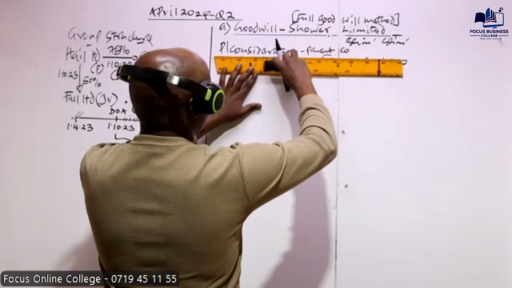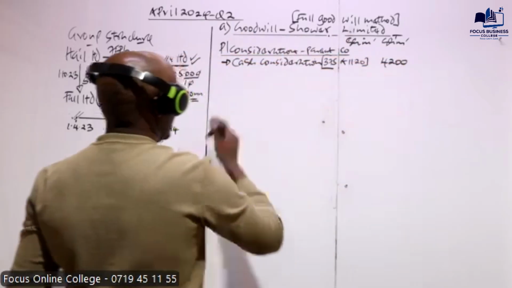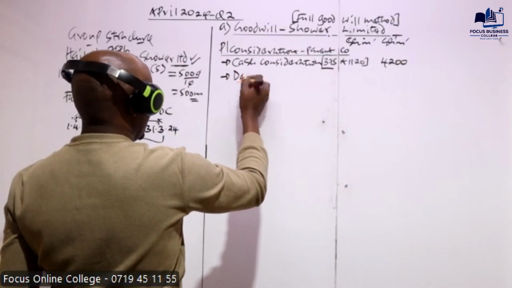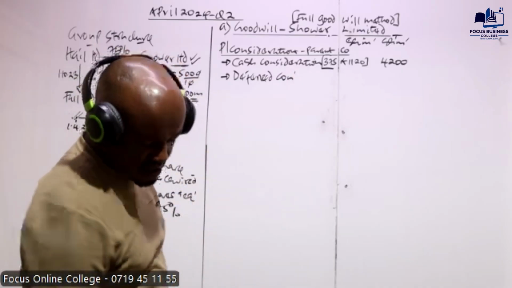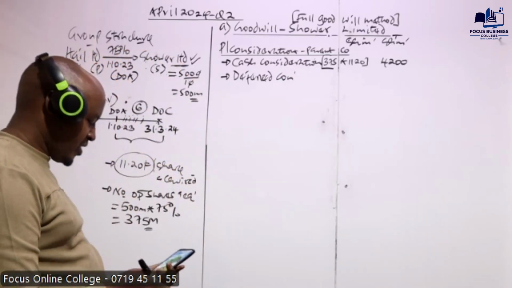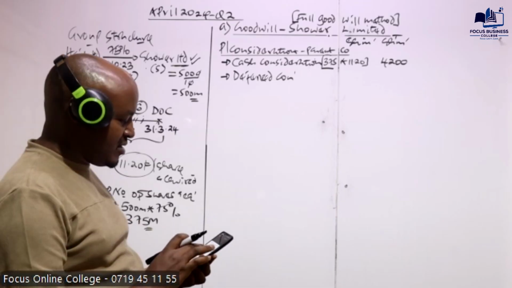Then remember also in paragraph 1, we are told there is a deferred consideration. A deferred consideration basically is a consideration to be paid in the future. We are still in paragraph 1, sentence 2.